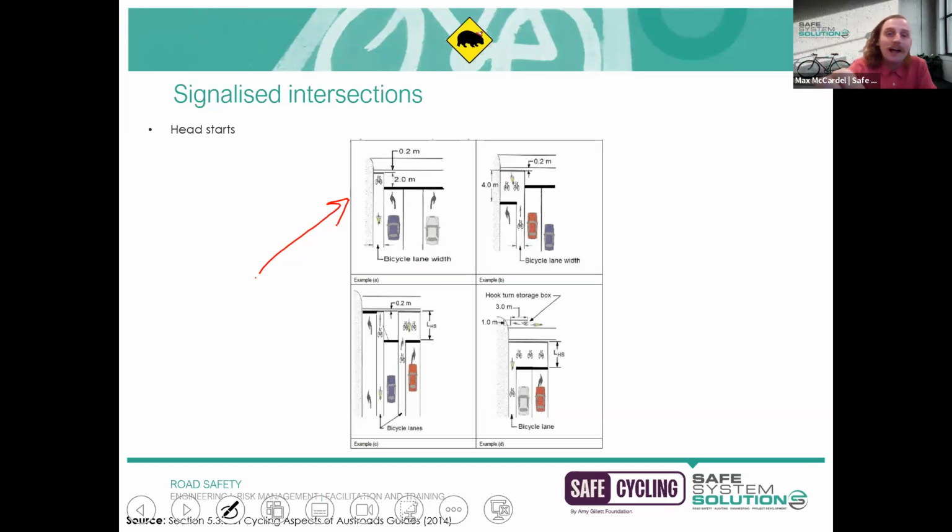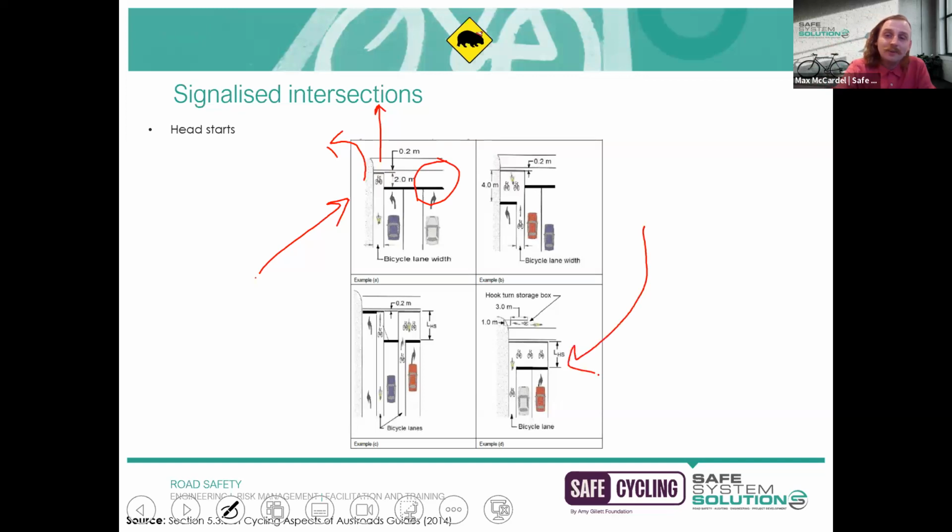So in example A, you may be expecting that a bicycle lane continues straight. You may think that you can turn left at that spot, but it's not really encouraging you to get across there to the right lane, is it? So perhaps there are no cycling facilities in the right lane, and that's why that bike box is not being continued there.